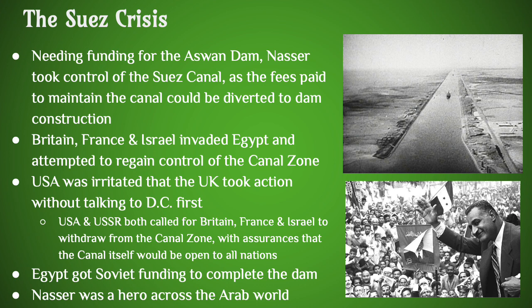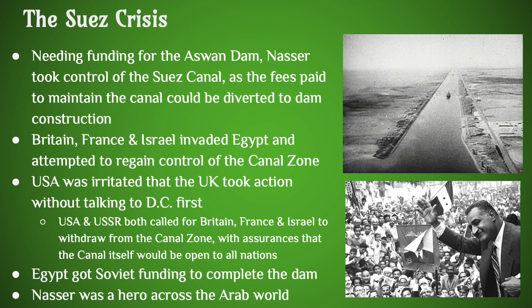And you get this rare situation where both the United States and the Soviet Union were together calling for Britain, France, and Israel to withdraw from the canal zone, as long as Egypt gave an assurance that the canal would always be open to all nations. You still have to pay to use it, but Egypt committed to never shutting down the canal. Now, that actually did happen once, but that was the plan in the 1950s, that the canal would always be open to all nations.